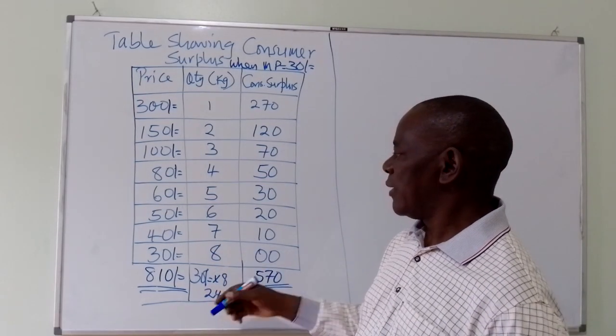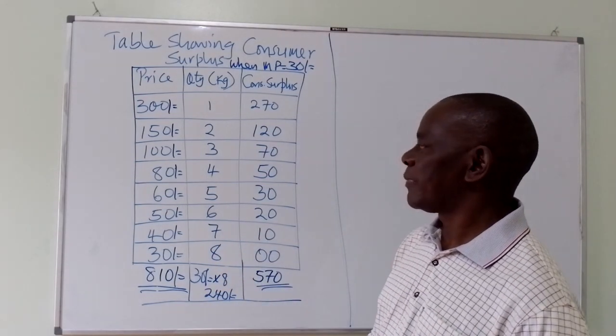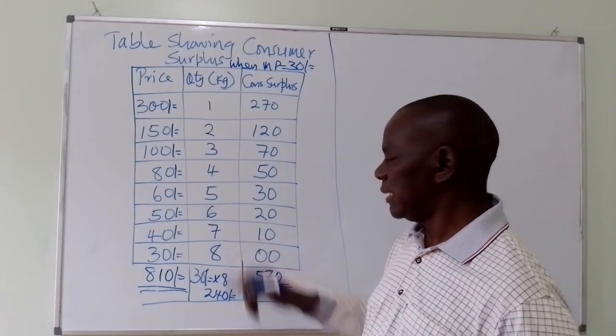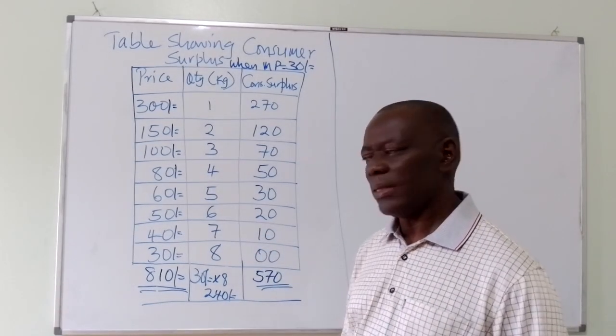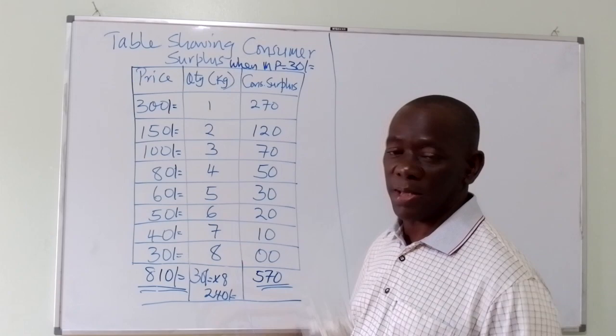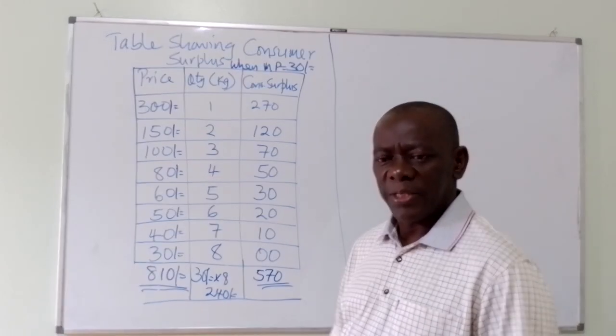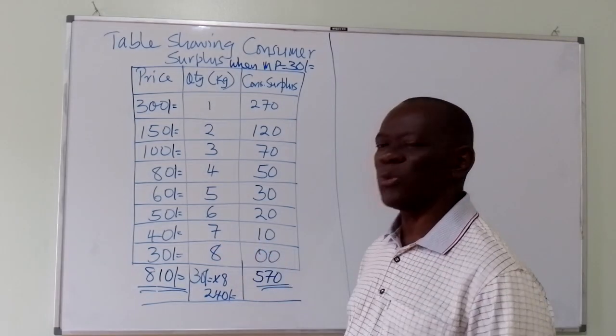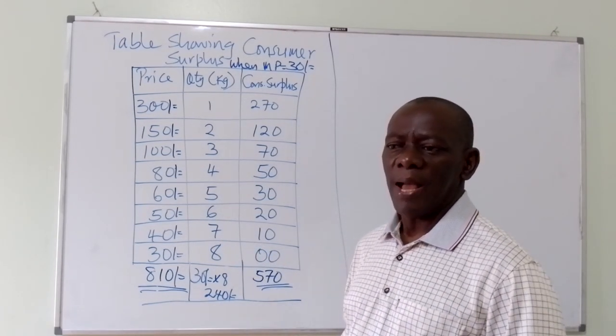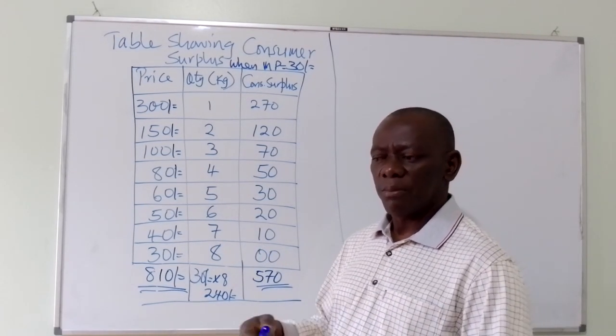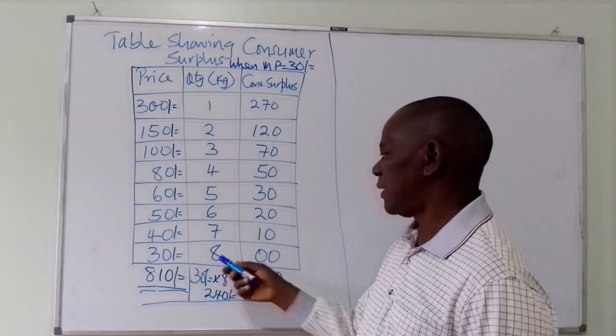So we are going to find out now what benefit, what utility this man is going to enjoy as a result of a lower price for the commodity he's buying.